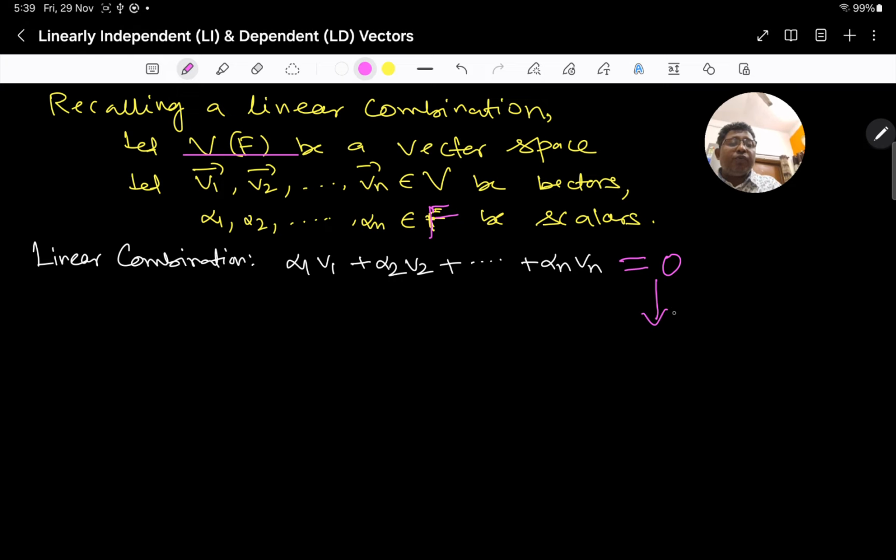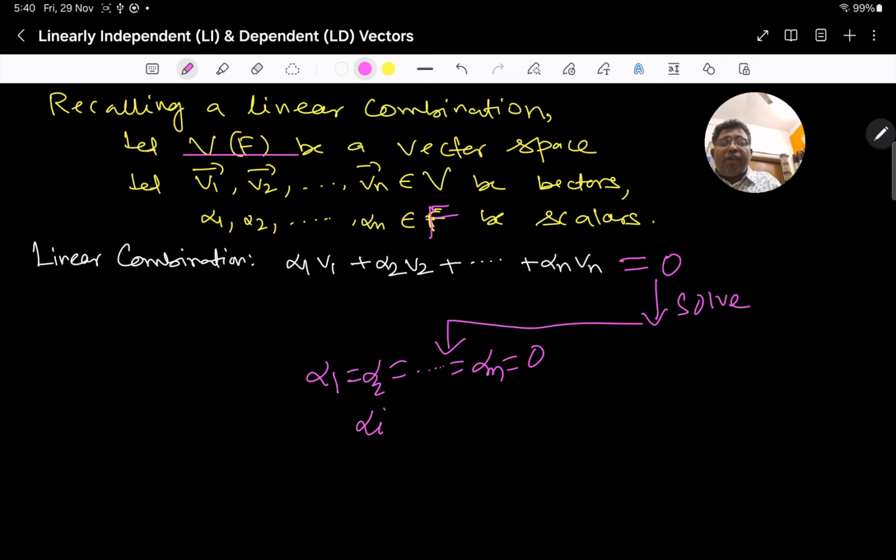After solving, the situation may arise that we get alpha 1 is 0, alpha 2 is 0, and all the way alpha n is 0. In short, alpha i is equal to 0 for all i. If all the scalars involved are 0, then this is a trivial linear combination.